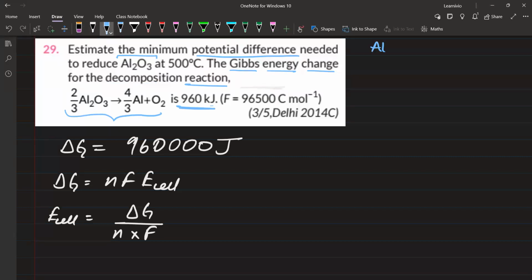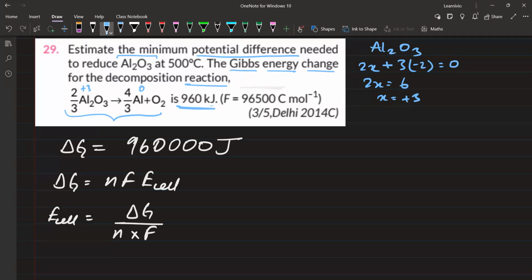We have Al2O3. Here there are 2 aluminium, so 2x plus 3 oxygen. What is the charge on oxygen? -2, and the overall charge on Al2O3 is 0. So 2x will be equal to 3 into 2, which is 6, so x will be equal to plus 3. So the oxidation state of aluminium is plus 3, and it is getting converted to neutral aluminium, which has 0 charge. Makes sense now? Yes, sir.